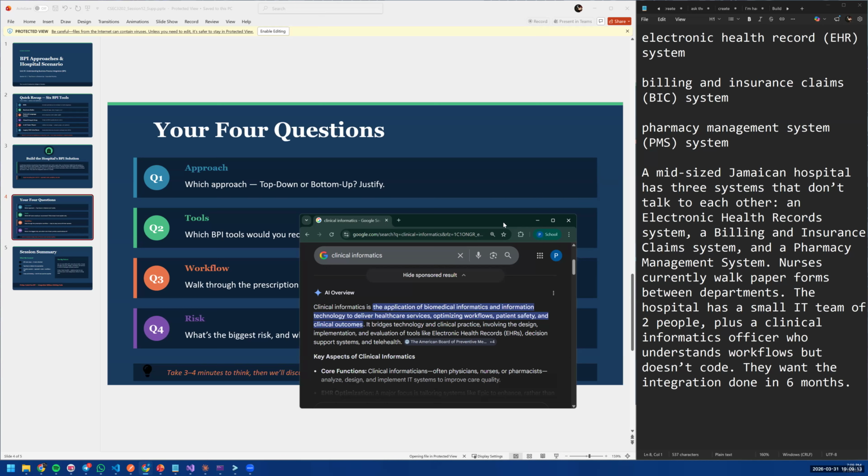So yeah, top down here is the clear choice because of the clinical informatics officer becoming the bridge between the solution and the problem, or the problem and the solution. If you had gone the bottom up approach, the two IT people that are building out the integration will be designing workflows that they don't fully understand.